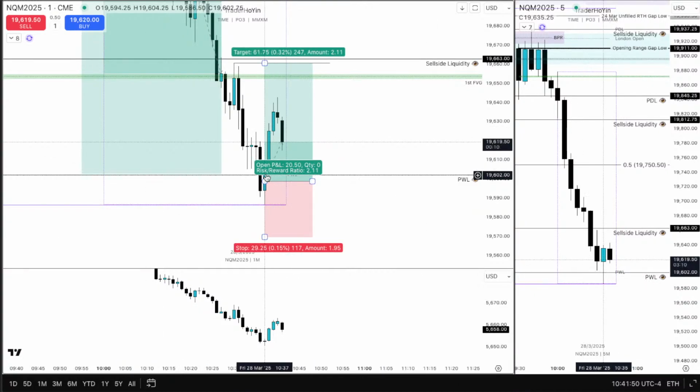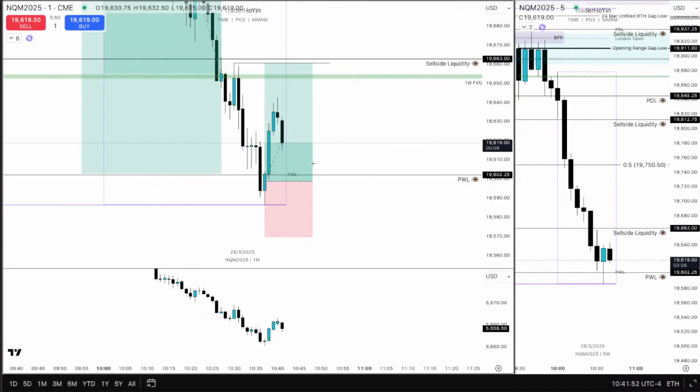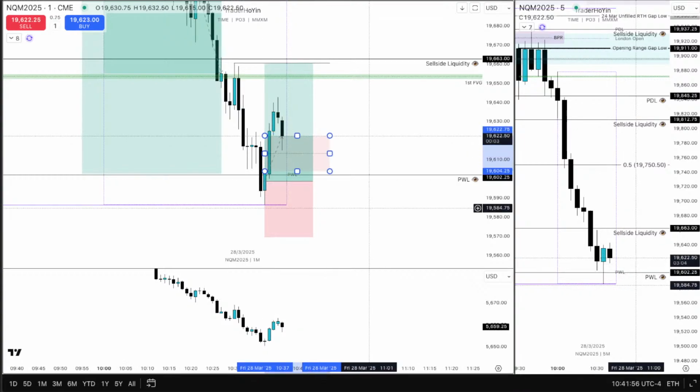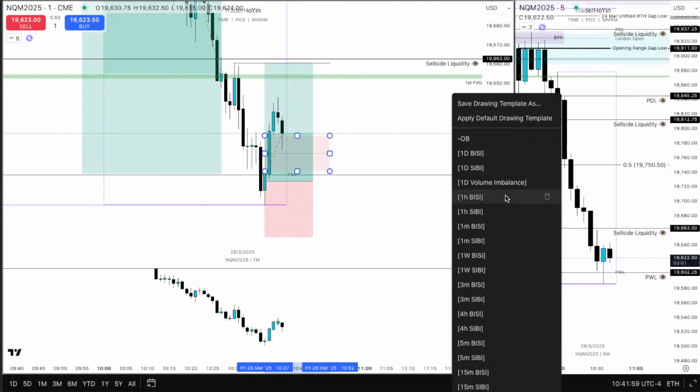This 1 minute busy needs to hold. I don't want to see price close into the bottom half of this busy.